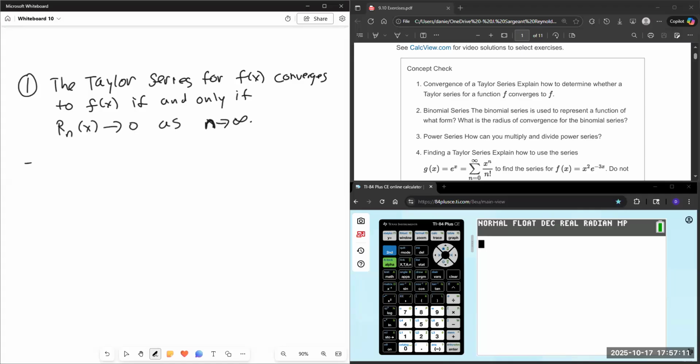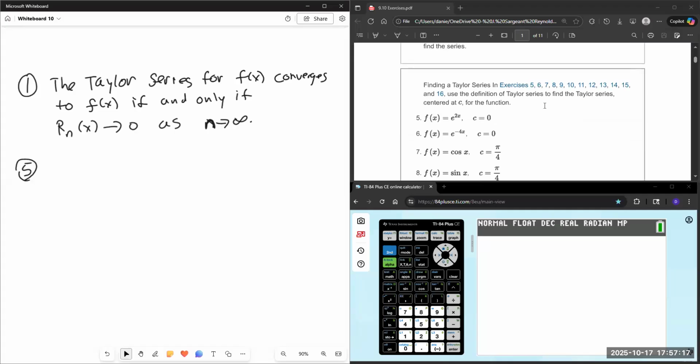So let's look at number 5. Number 5 is a pretty basic Taylor series. It's actually going to be a Maclaurin series since it's centered at 0. So f of x is equal to e to the 2x, c equals 0.